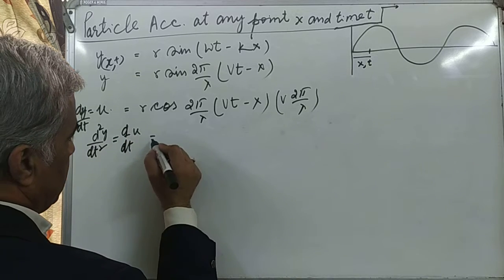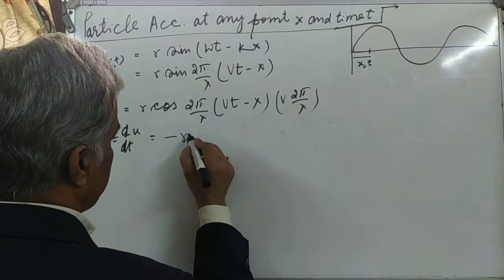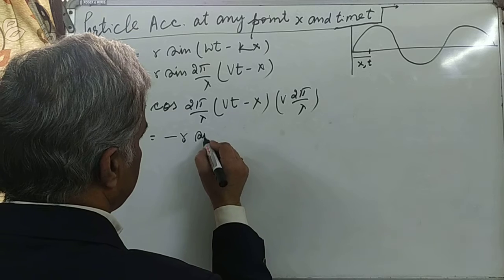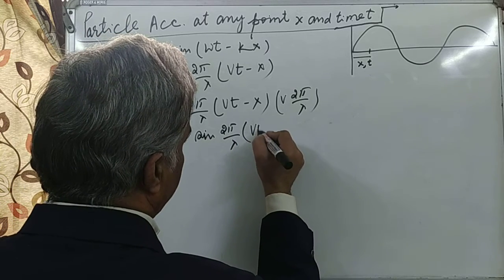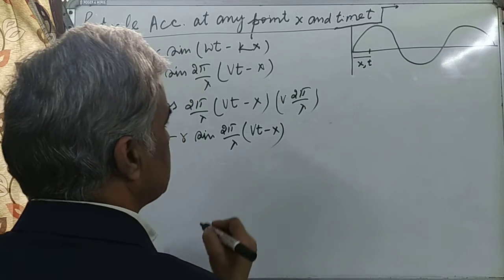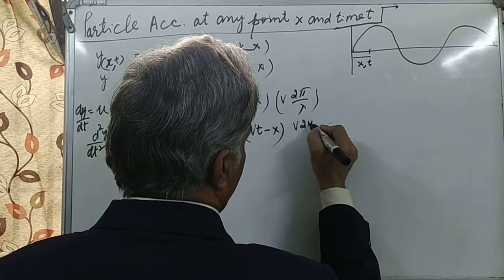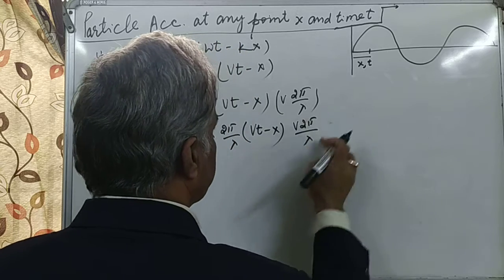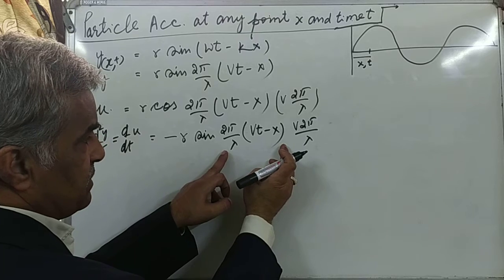The derivative of cos is minus sine, so minus r sin(2 pi by lambda (vt minus x)), and v times 2 pi by lambda is the coefficient. And again differentiate this.